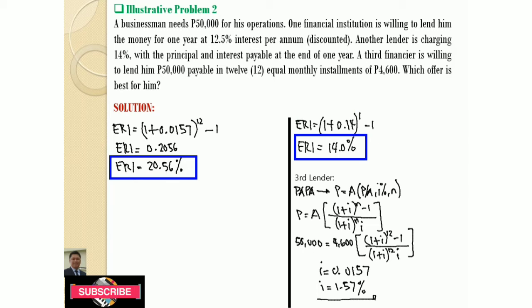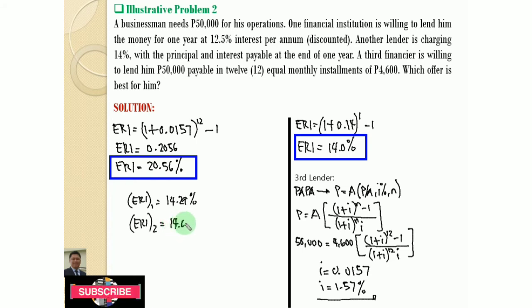So comparing now our ERI, for our first ERI 1 for the first lender is just equal now to 14.29%. And for our ERI 2, which is referring now to the second lender, this is just equal now to 14%.